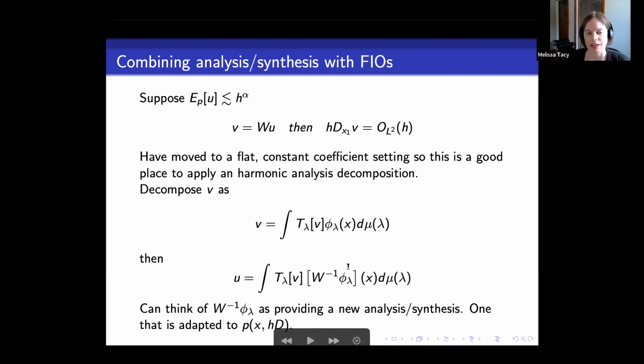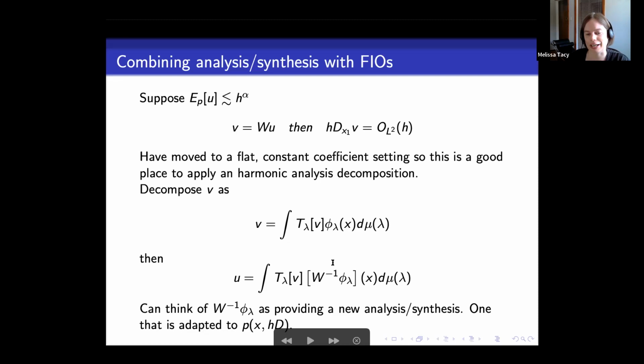So the idea here is I will synthesize V in terms of some phi lambda, then apply W inverse to get back to U, and assuming everything in my integral is nice, I can pull the W inverse through and apply it to phi lambda. So what you should be thinking is that phi lambda was my original analysis synthesis.